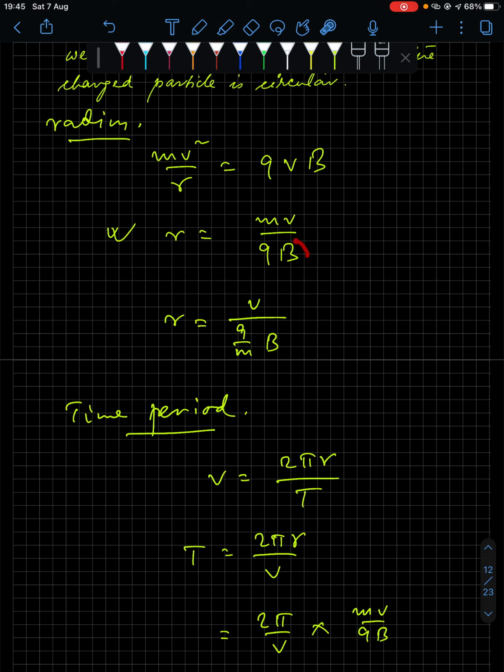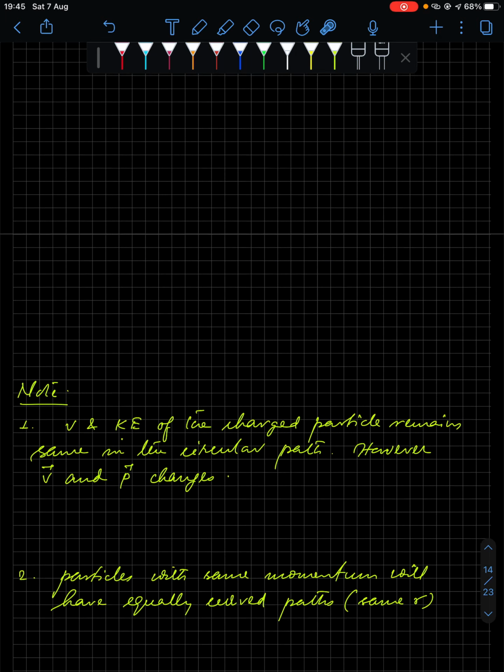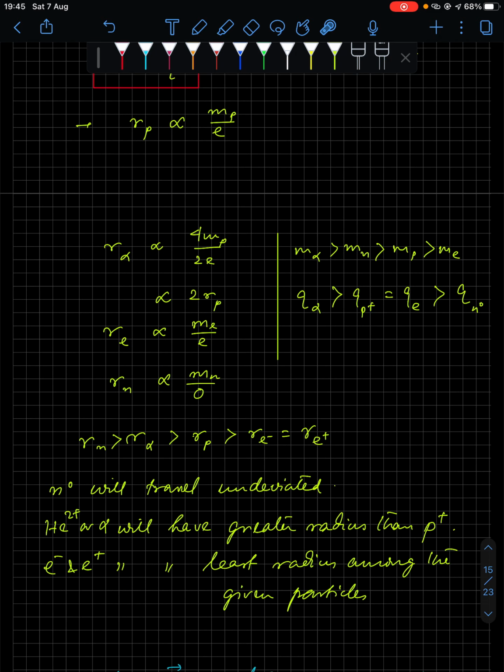If mv is the same and B is the same, then radius will depend on the charge. Now if you have two protons, then they'll have the same radius. If you have a proton and electron, they'll have the same radius. Of course direction will be different, but the radius of the curved path will be the same. So that we can see.